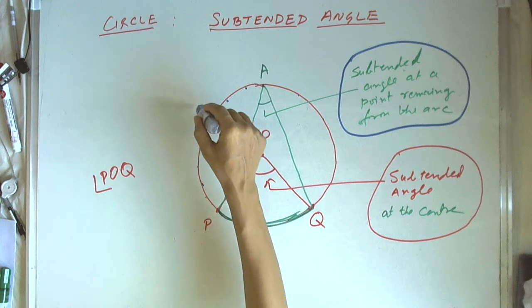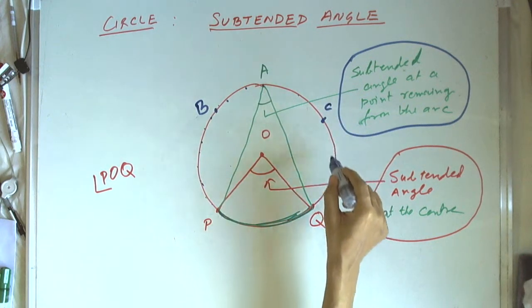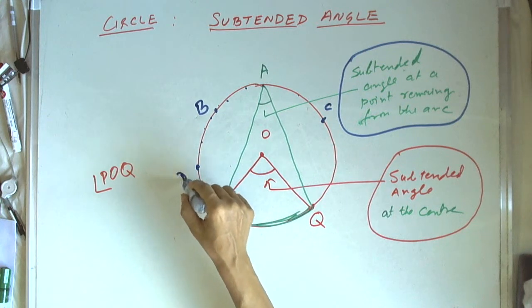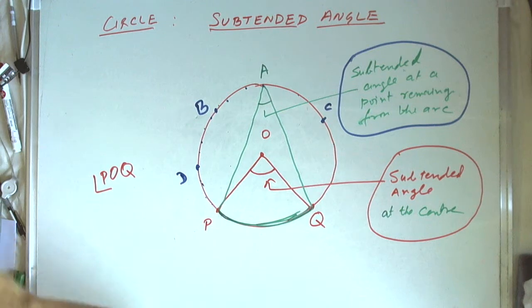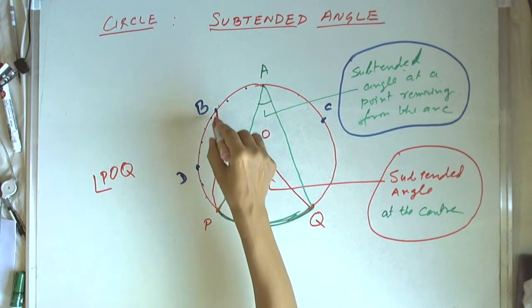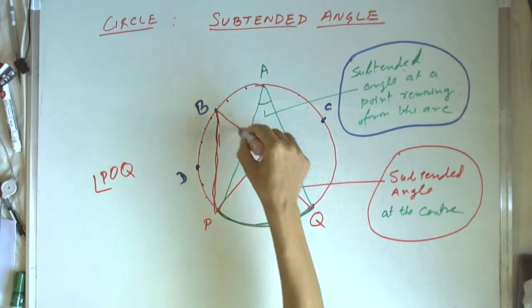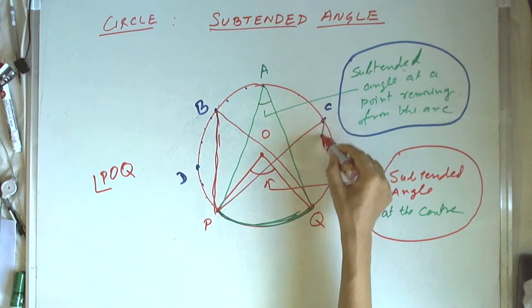So there could be one at this point, at this point, at this point. For example, at B, if we draw, it will be like this. At C, it will be like this.